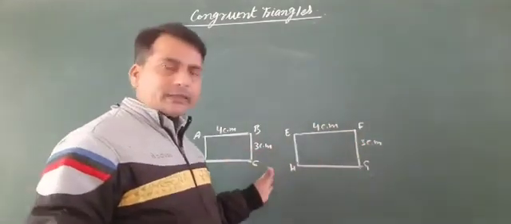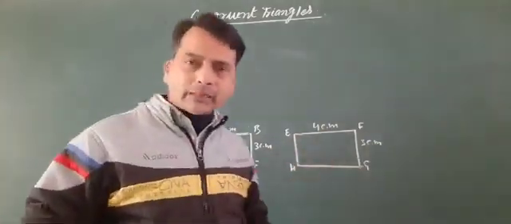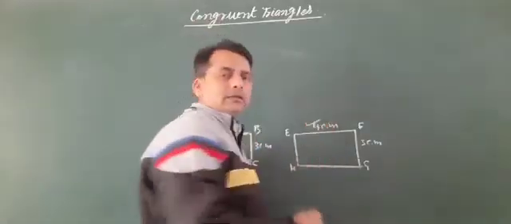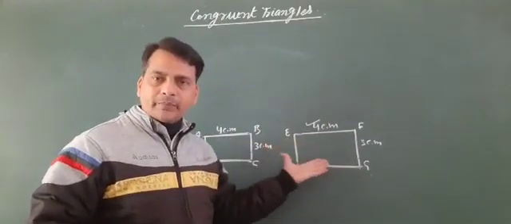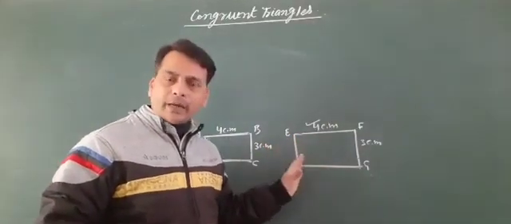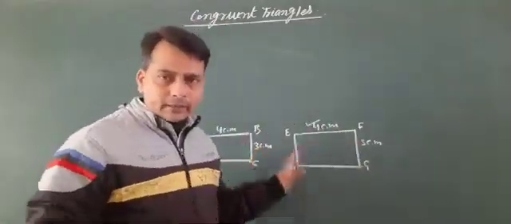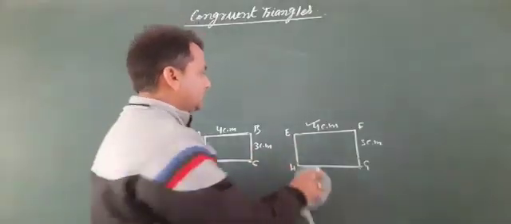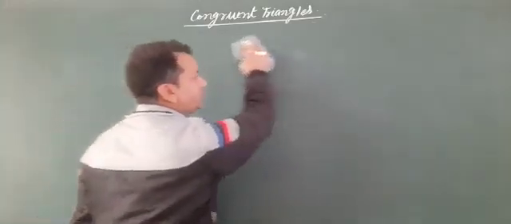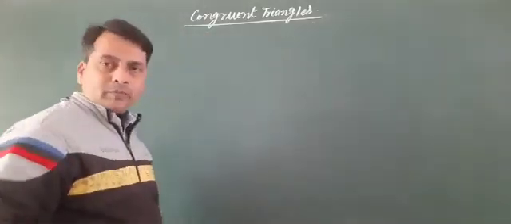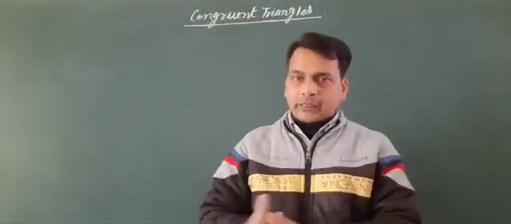So here are ABCD and EFGH. Both rectangles are congruent because the length of both rectangles is the same, the breadth of both is the same, and the shape of both figures is a rectangle. So it is clear that two rectangles are congruent if the length and breadth of both rectangles are the same.